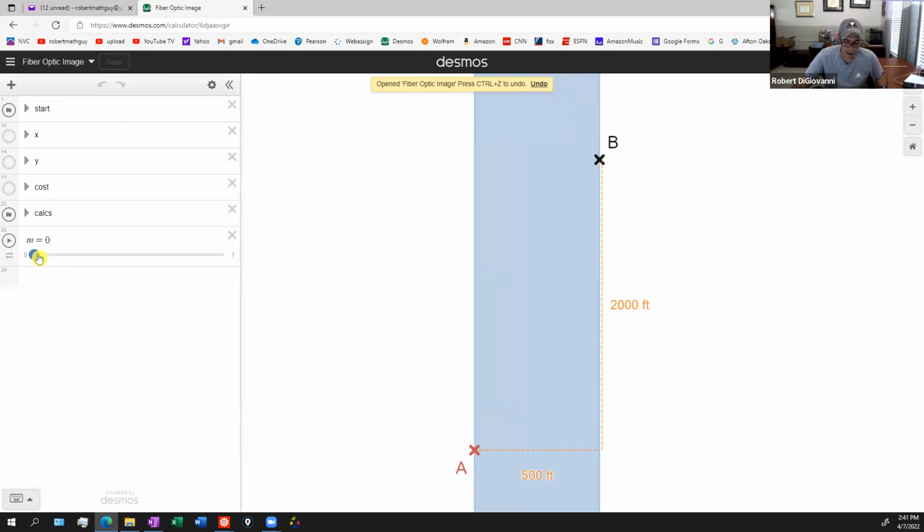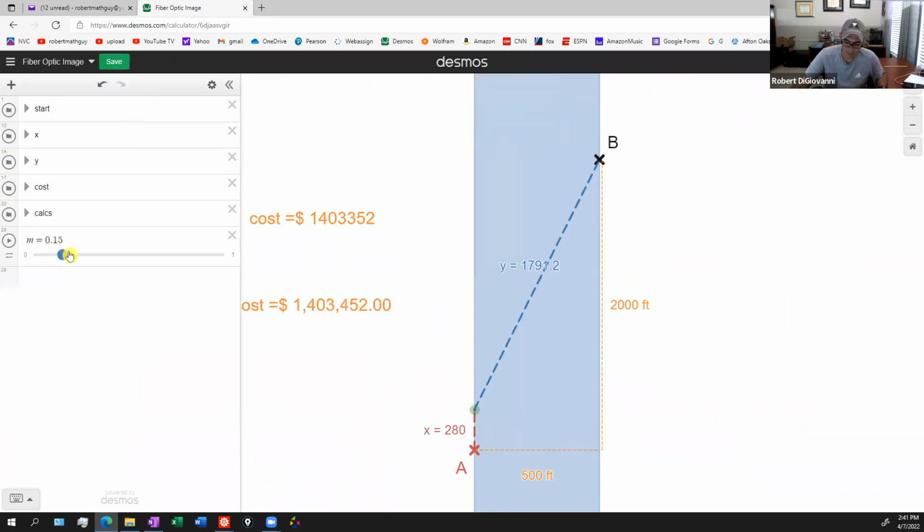Okay, if I let X be 1,558, I think it was, somewhere around here, look at the cost. 1,206,000, right? 206,000 compared to going this way, 295,000. That's roughly a $90,000 difference.